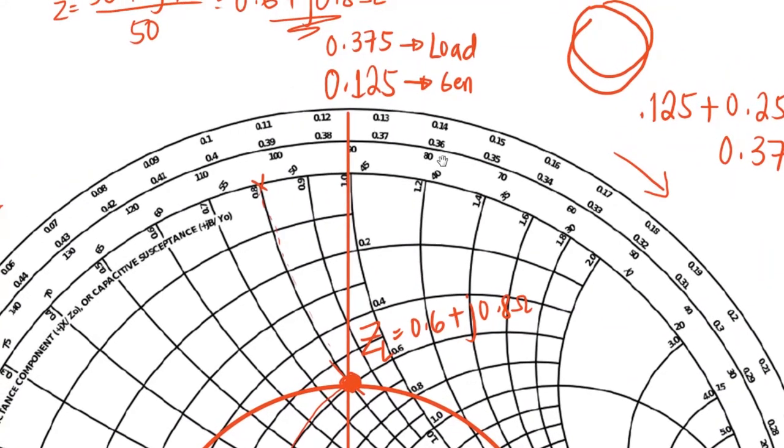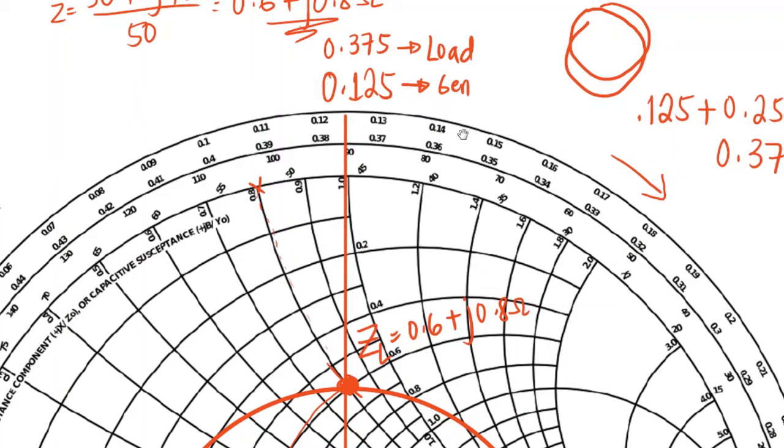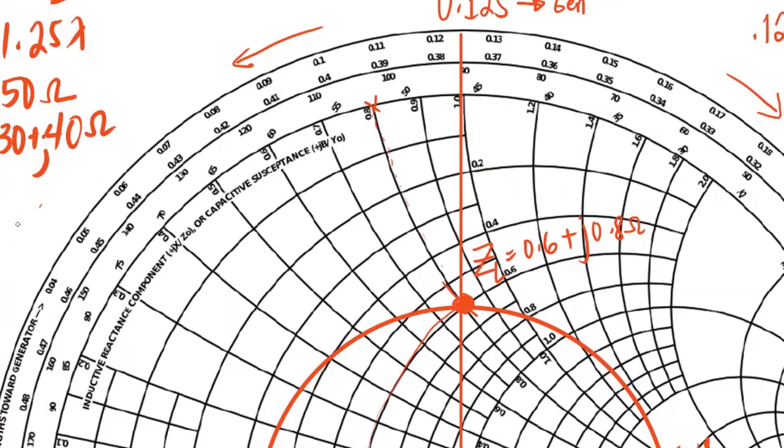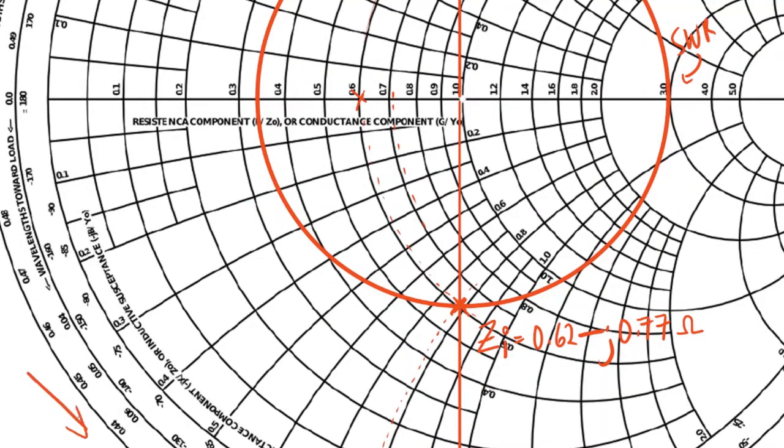You should get the same value if you are looking towards the load. For our load, that is 0.375, but instead of adding, we subtract 0.25, which gives 0.125. Instead of moving clockwise, we move counterclockwise, so we look for 0.125 in this direction.